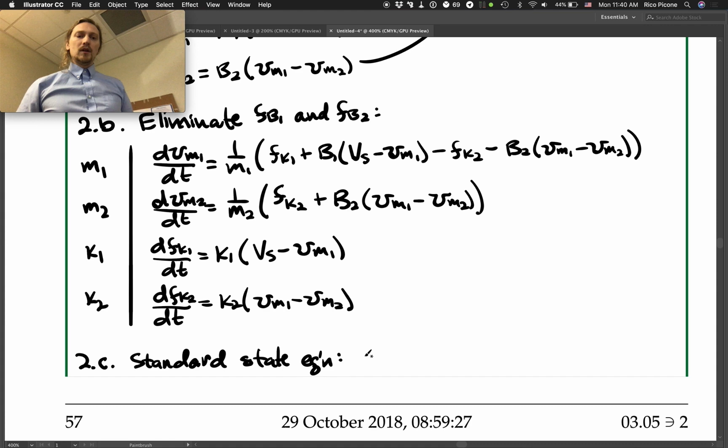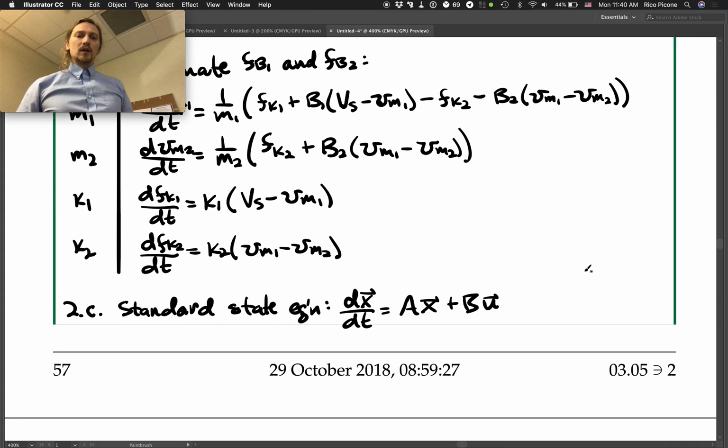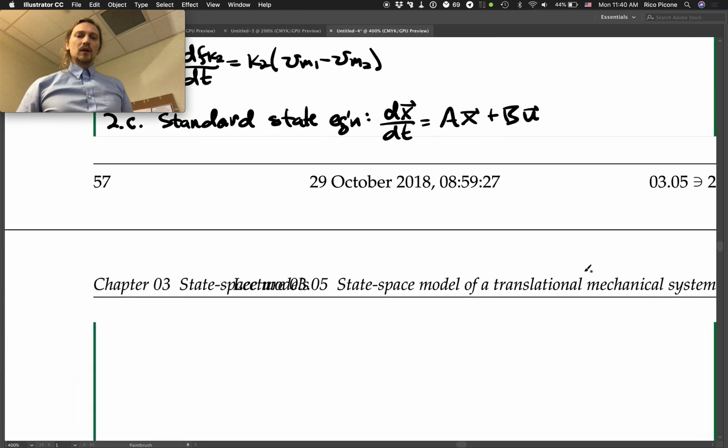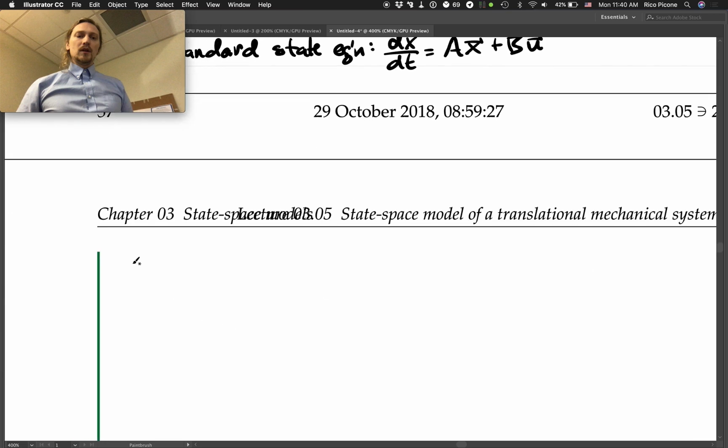Okay, standard state equation, dx dt equals Ax plus Bu. So let's rewrite that on the next page, but in expanded form. So dx dt is the time derivative of our state vector.